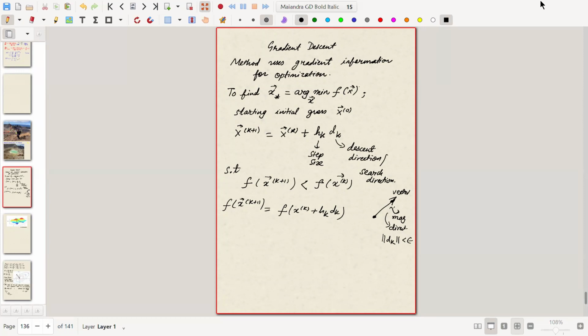But can you use that here? No. Why? Because f is not a single variable function. F is a vector valued function of x bar. It depends on more than one variable. Therefore, instead of differentiation, gradient will come into the picture. There is no harm. Whenever you see differentiation, just replace it with gradient. It's done, nothing else.